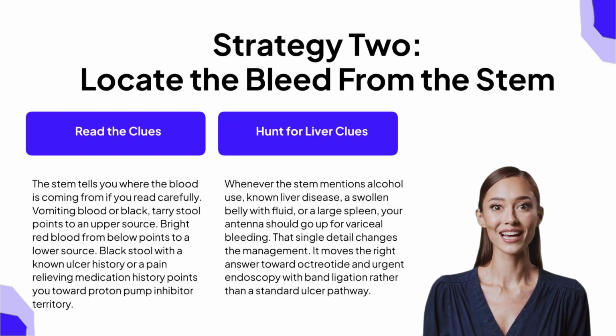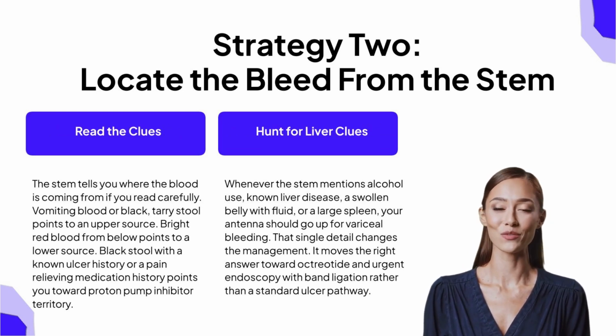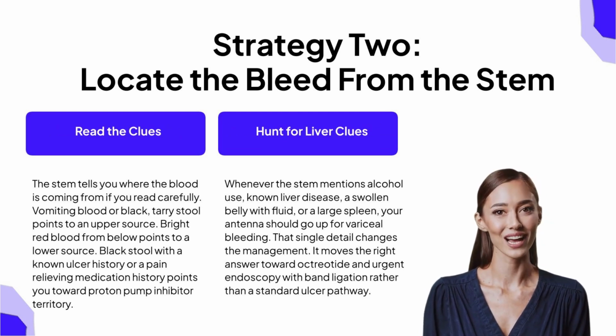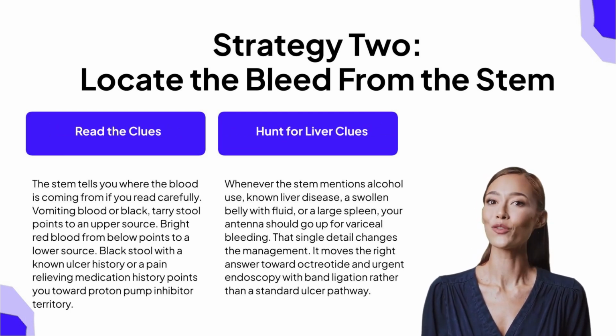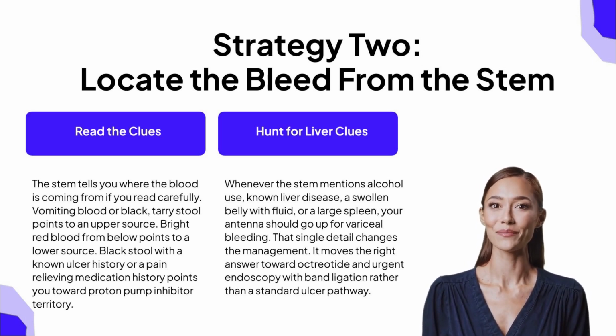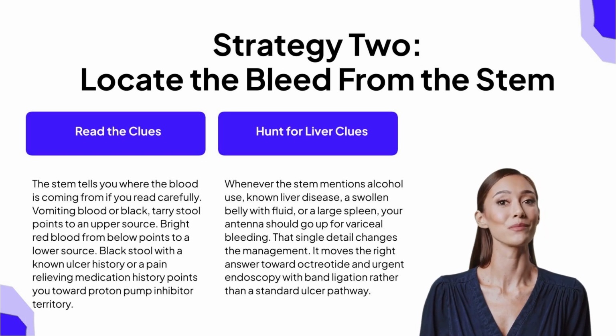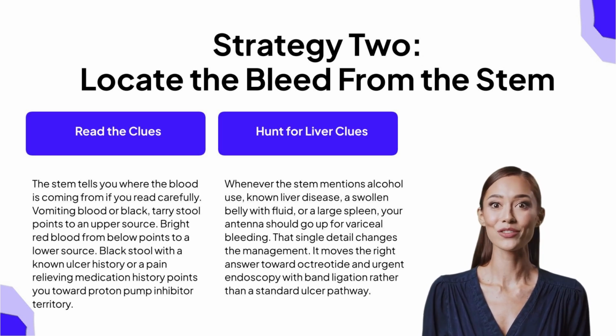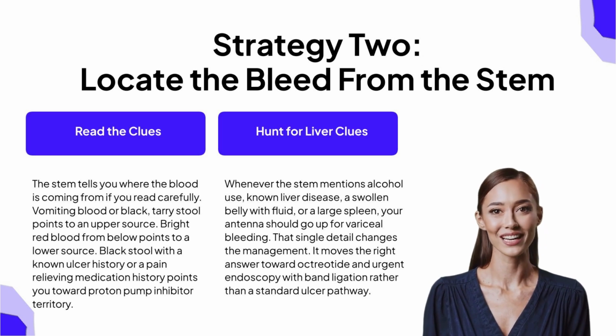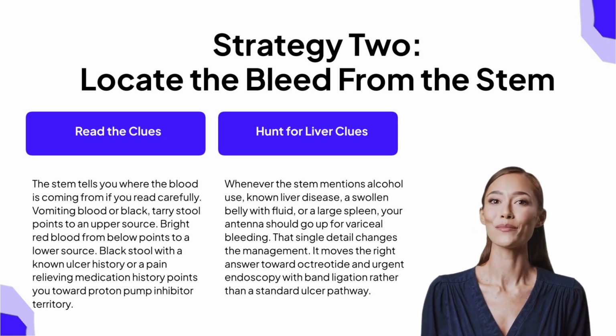Strategy 2 is to locate the bleed using the clues planted in the stem. The test writers always tell you where the blood is coming from if you read carefully. Vomiting blood or passing black, tarry stool points you to an upper source, somewhere above the junction between the small intestine and the large intestine. Bright red blood from below usually points to a lower source. Now here is the high-yield move. Whenever the stem drops in alcohol use, known liver disease, a swollen belly with fluid, or an enlarged spleen, your antenna should immediately go up for a variceal bleed.